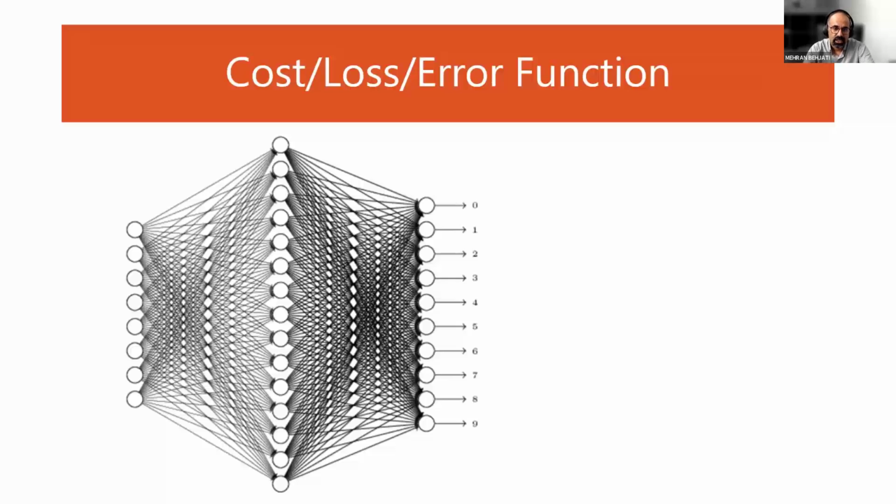At this stage, we need to talk about the cost function, loss function, or error function. All of these three terms refer to the same thing, because at this stage we need to do some optimization. When we are talking about optimization, we want to do either minimization or maximization. If we want to do maximization, we call the objective function, for example, a profit function or utility function.